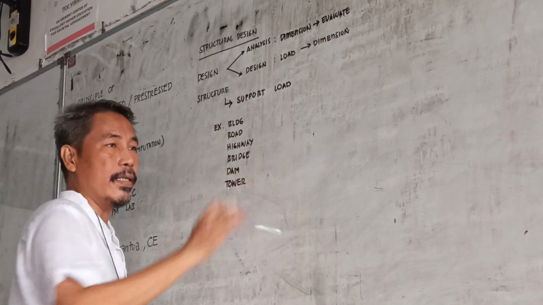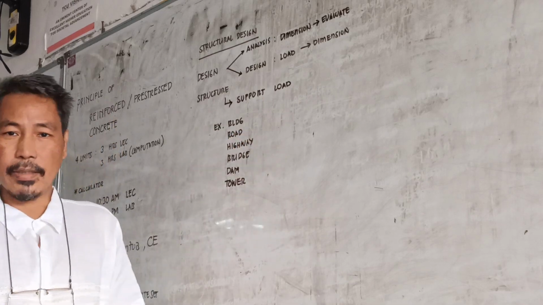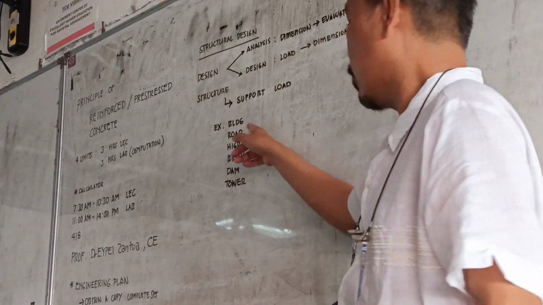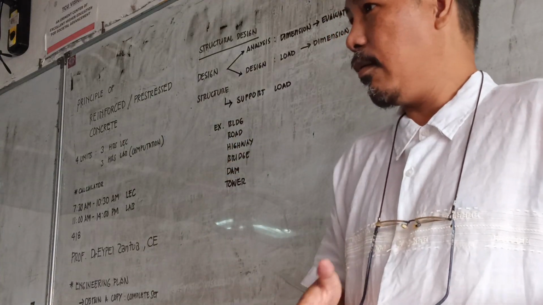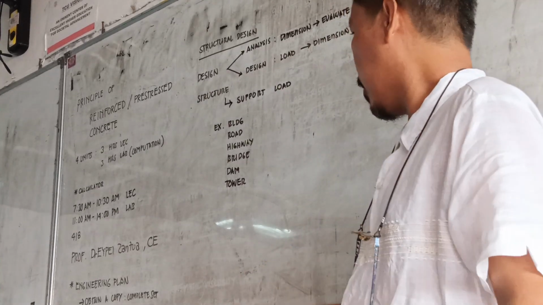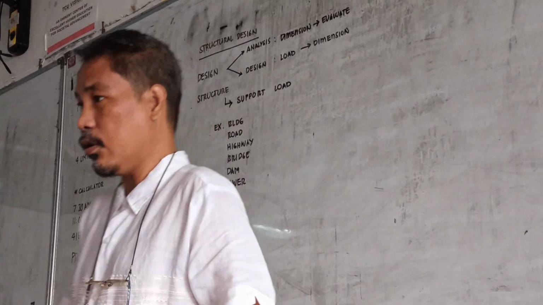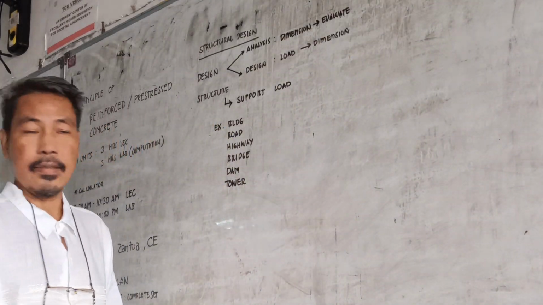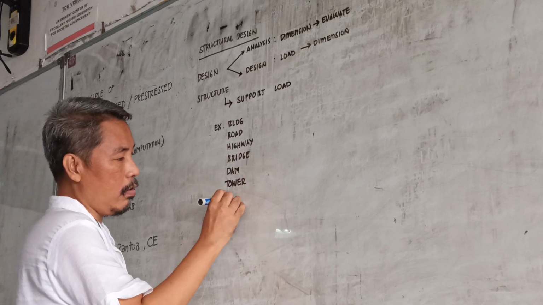Building. How about road, highway? What kind of loads do they support? Roads support transportation vehicles, right? Automobiles, cars, trucks. A railroad is also a structure because it supports the train going on top of it.